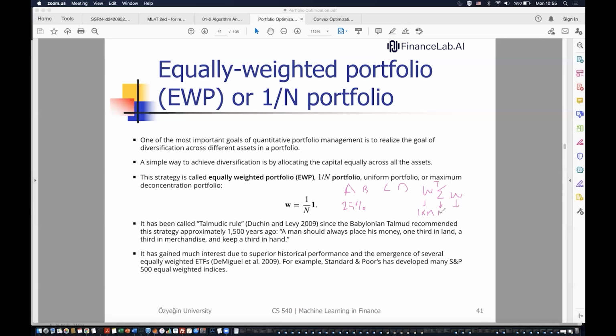And this is n times n, and in this W, we have n times 1. And the result is 1 times 1, just a value. This resulting value is a variance value, which is related to diversification.